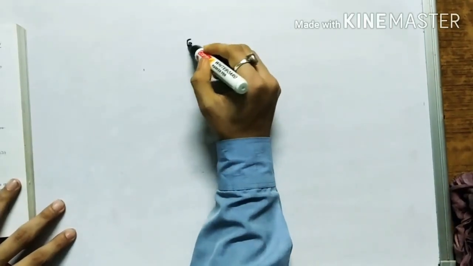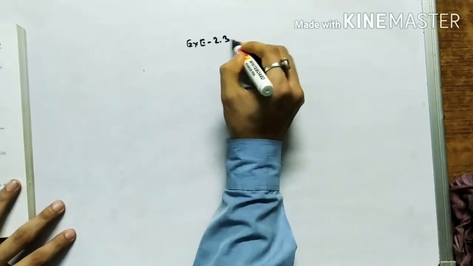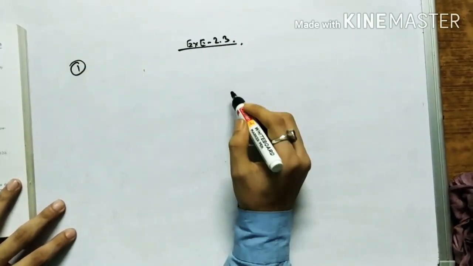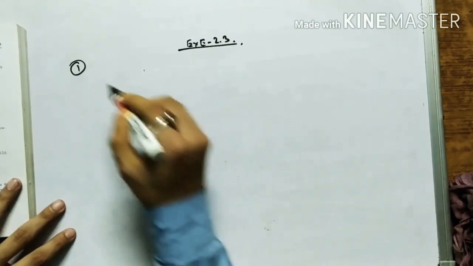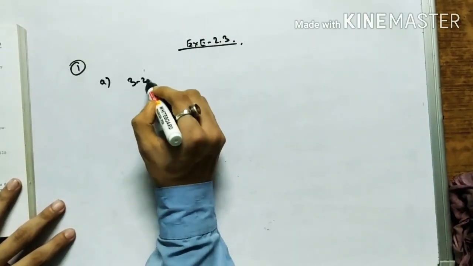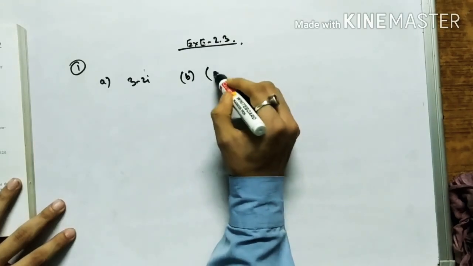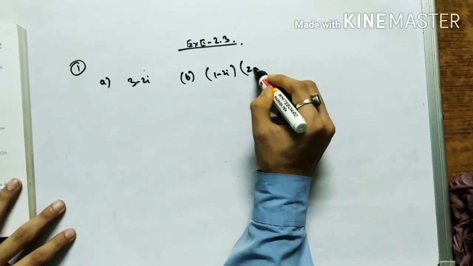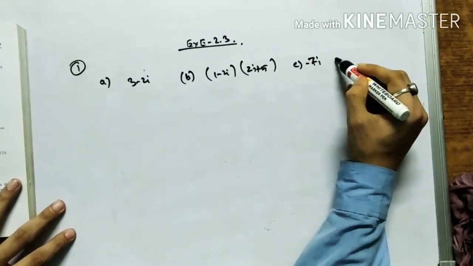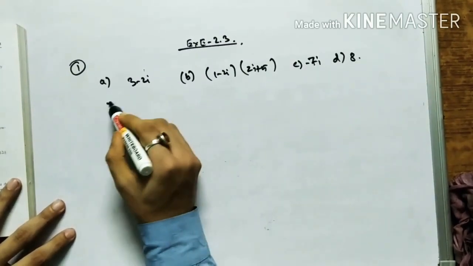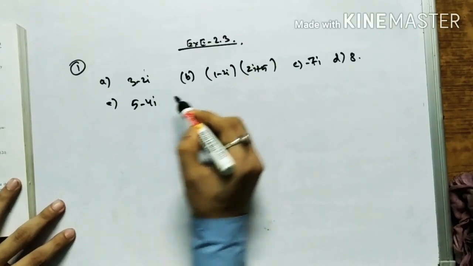So in here, exercise 2.3. First question: plot the points on the Argand plane which are represented by the following complex numbers. First, A is 3 minus 2i. B is 1 minus 2i plus 5. C is minus 7i. D is 8. E is 5 minus 4i.